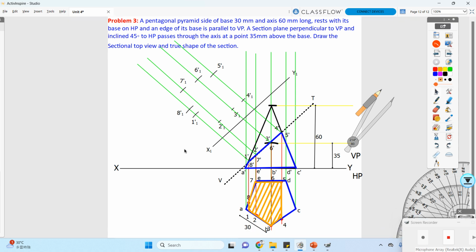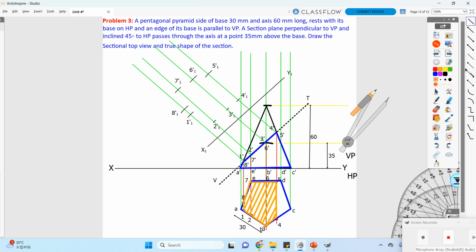Okay, so now what I am going to do is intersect all the points.